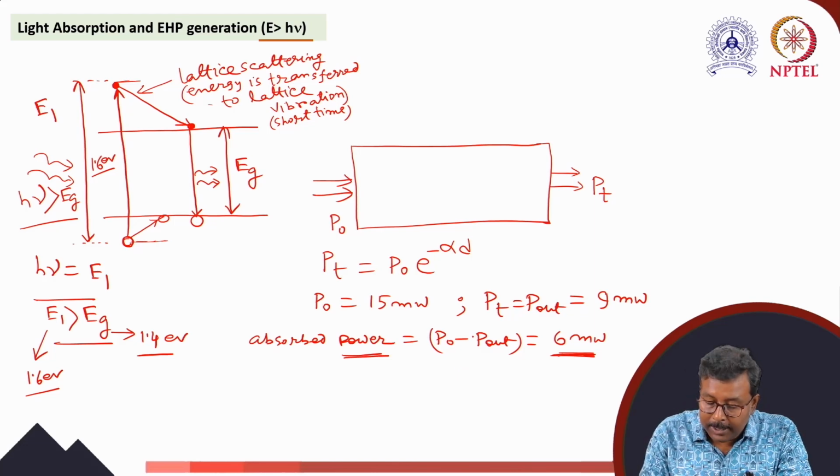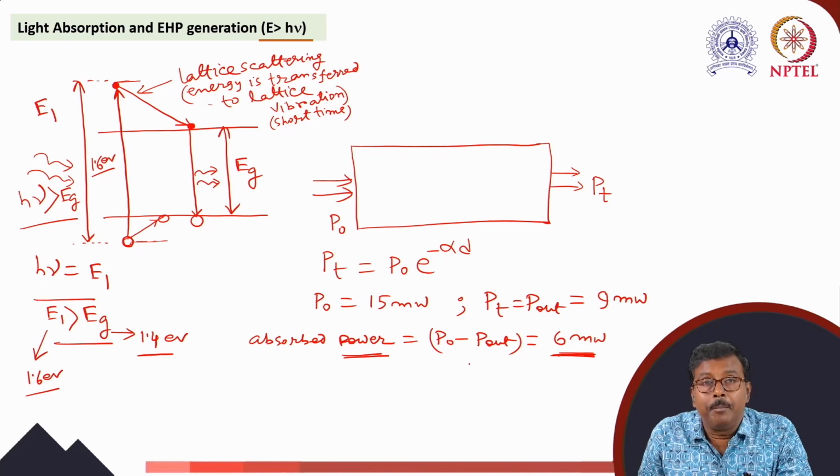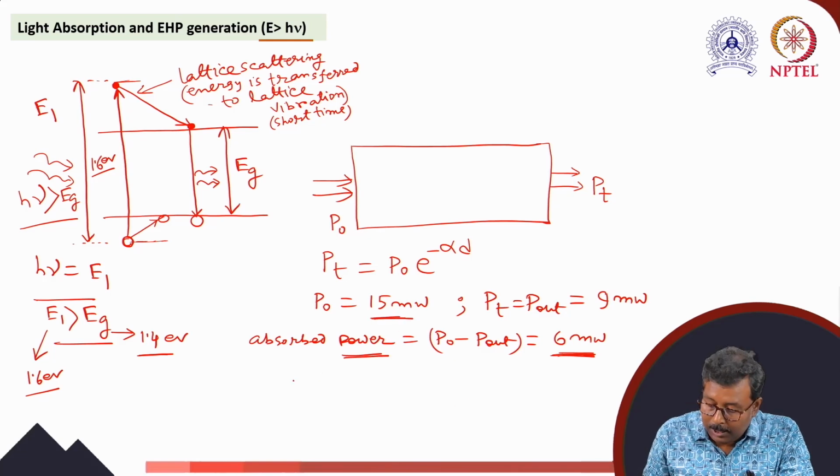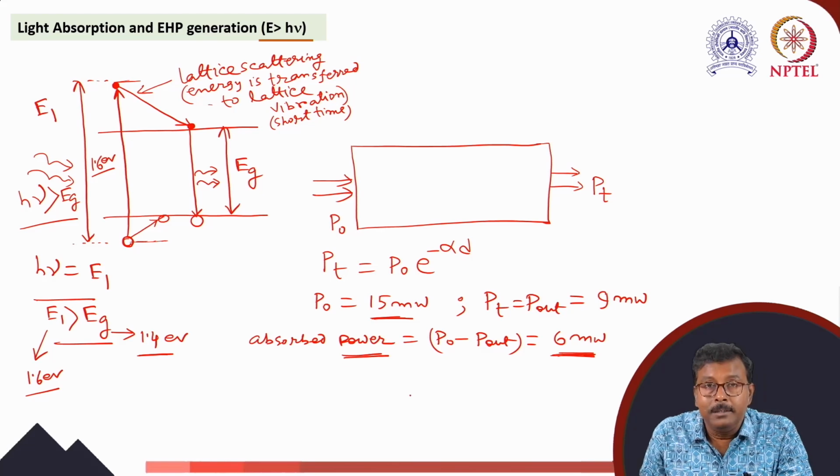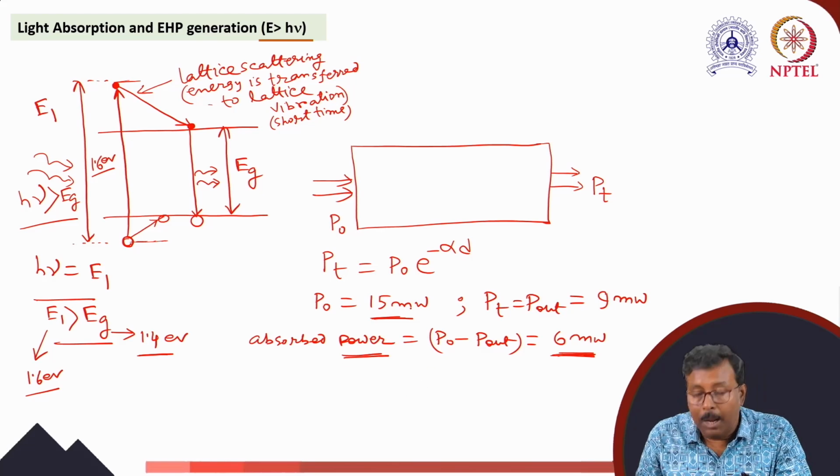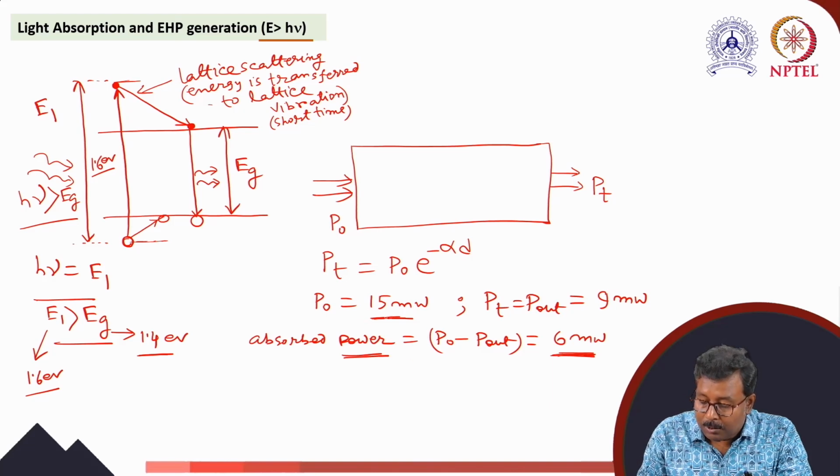Also you can calculate from the calculation though how many photons are incident, because if it is 15 watt, say P0, that is joule per second, this amount of 15 joule is incident per second. So the number of photons: a single photon has energy h nu.